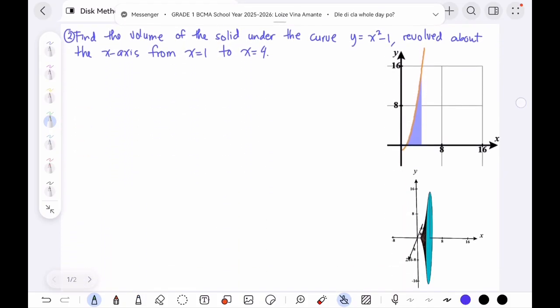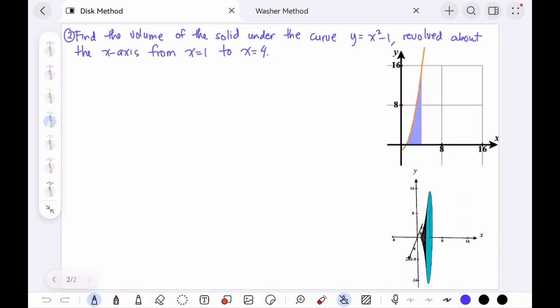Another example. Let us find the volume of the solid under the curve y equal to x squared minus 1, shown on the right-hand side, revolved about the x-axis from x equal to 1 until 4. So meaning this is 1 here until 4.